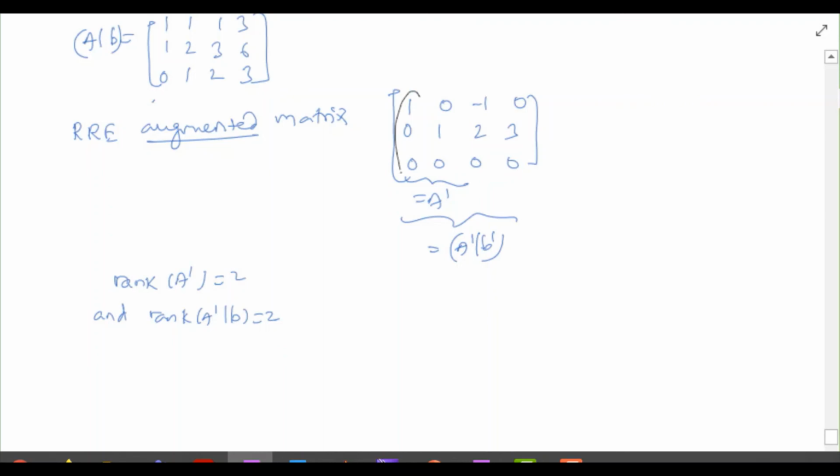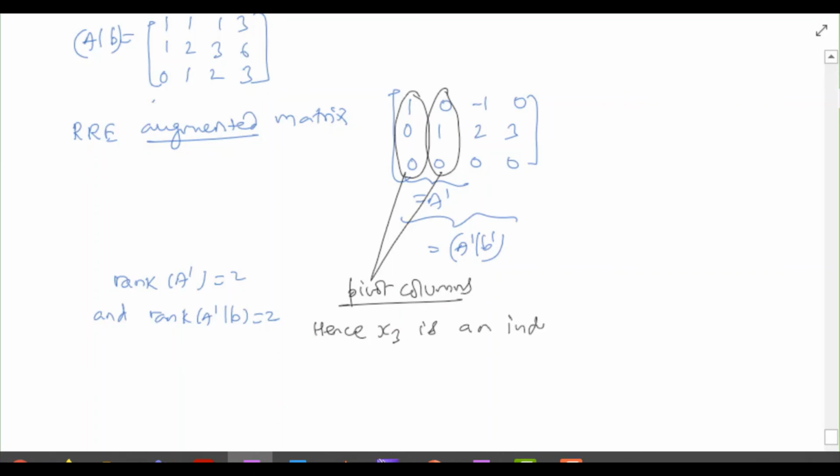Moreover, notice that the first and second columns of this matrix are pivot columns. Hence, x3 is an independent unknown and it can be set arbitrarily. Let x3 be lambda. On the other hand, x1 and x2 are dependent unknowns.